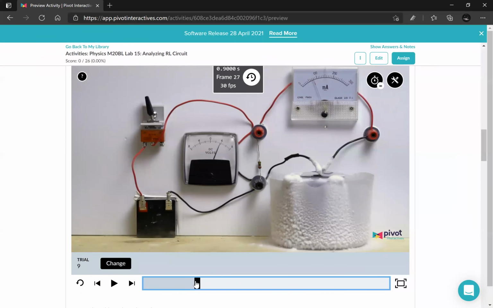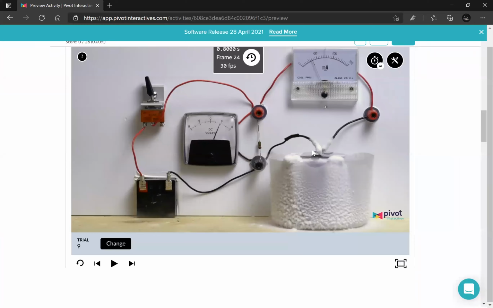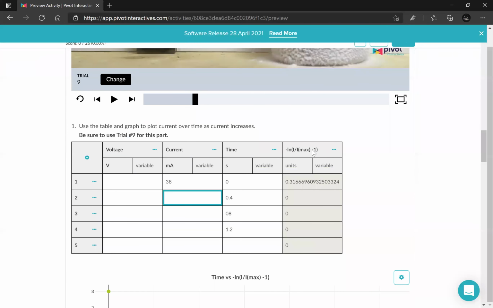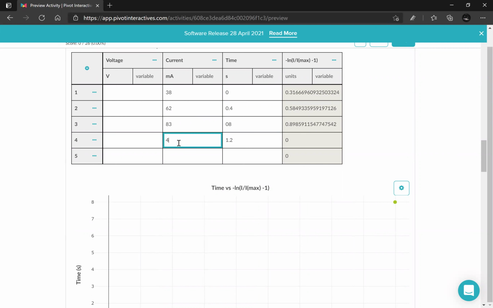Let's see if we can get 0.8. There you go. What is the current? The current is about 61 or 62, something like that. If I go back and enter 62 like that, I already have data points. Don't mind those zeros. If I want to populate those, let's say 85, something like that, and it'll be 92.